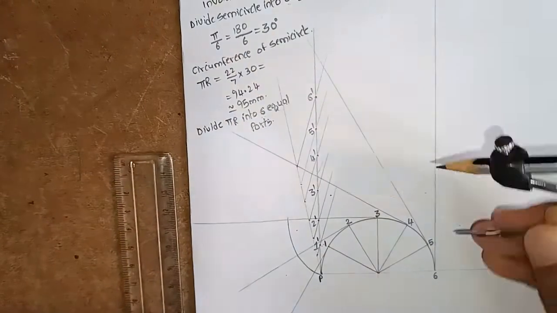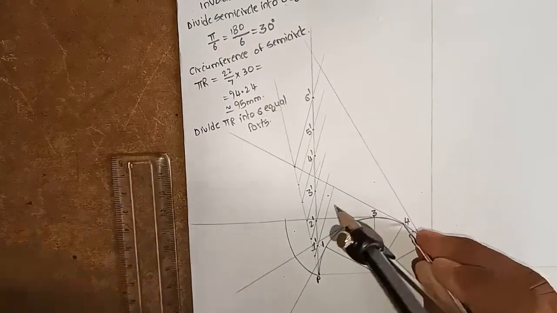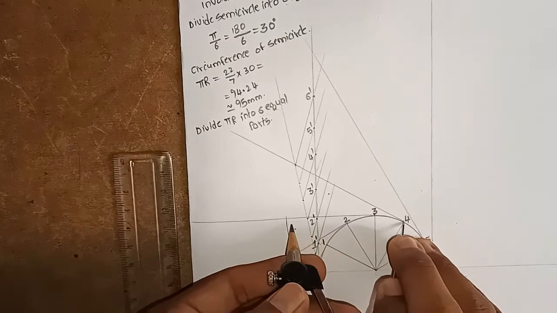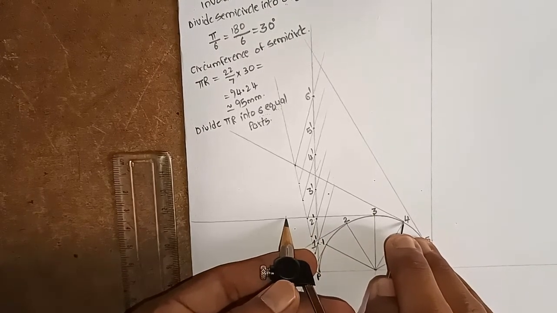Next from the fourth point we have to take that much amount of radius. Now we have to draw the arc.